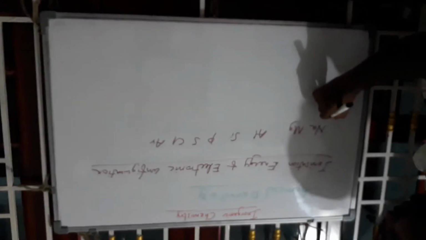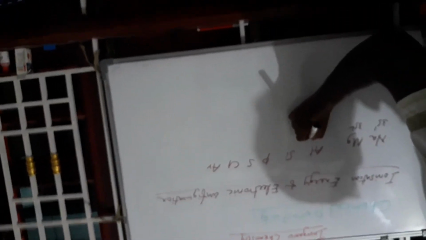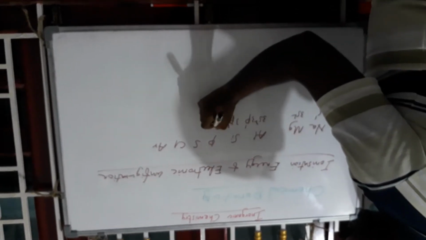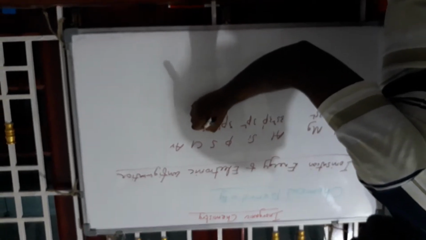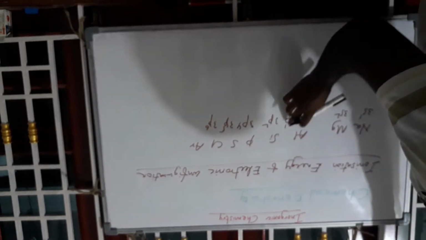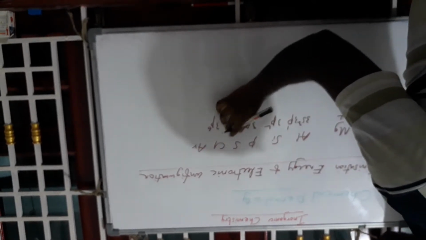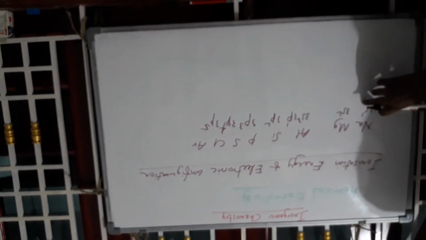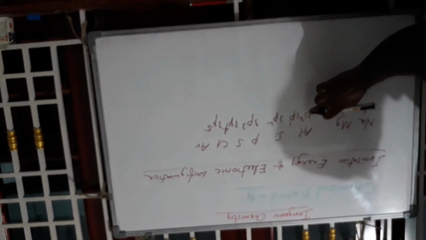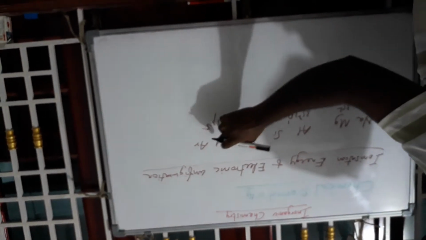Sodium has 3s1 and magnesium 3s2 in the valence shell, and aluminum is 3s2 3p1, then 3p2, 3p3, 3p4, 3p5, 3p6.